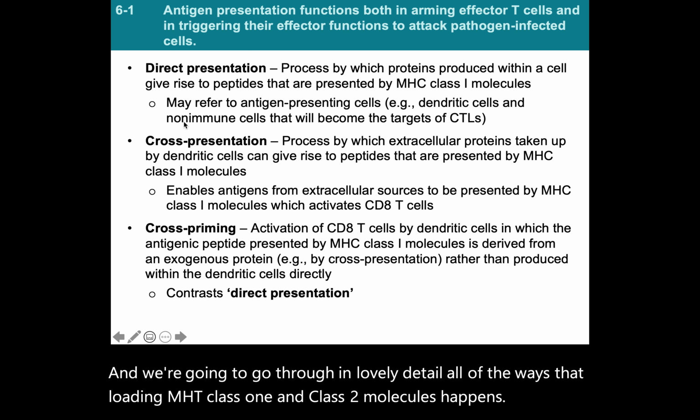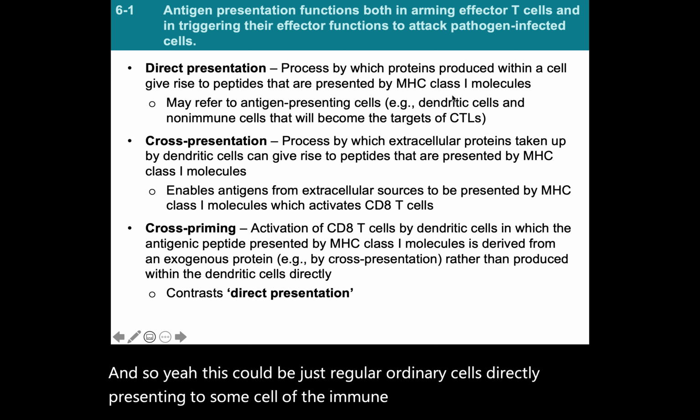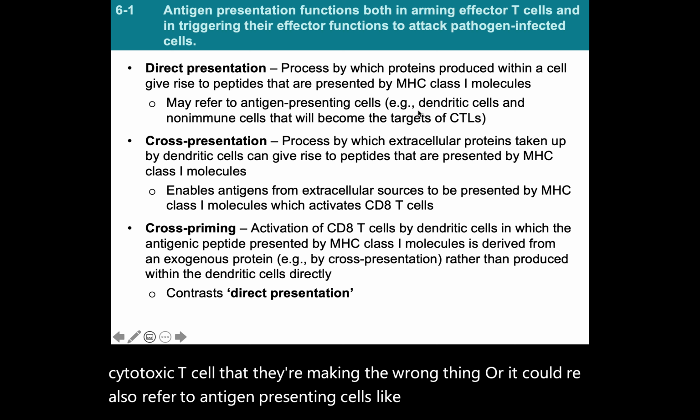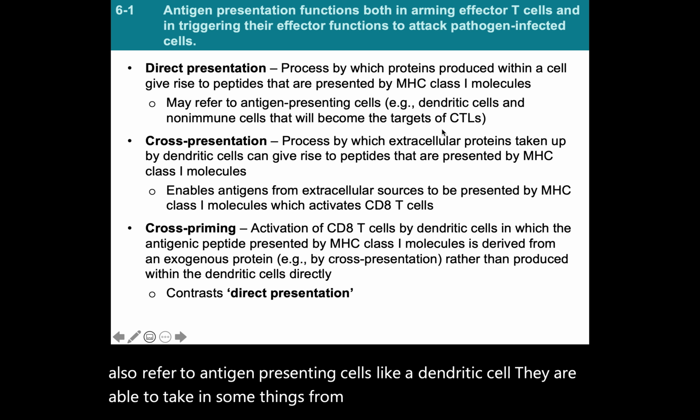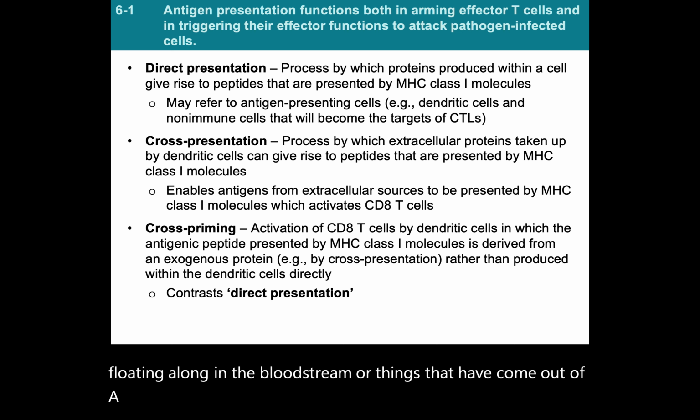And so this could be just regular, ordinary cells directly presenting to some cell of the immune system, basically showing a cytotoxic T cell that they're making the wrong thing. Or it could also refer to antigen-presenting cells like a dendritic cell. They're able to take in some things from the outside, like things that are floating along in the bloodstream or things that have come out of a cell, and chop them up as if the dendritic cell was actually making this.